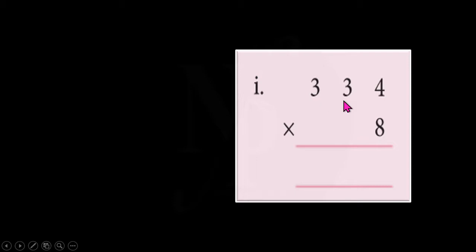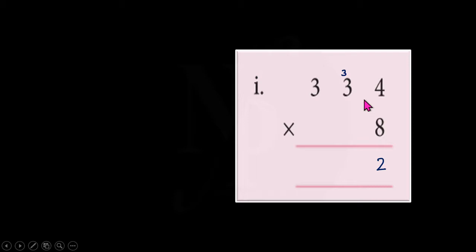Here we have 334 into 8. So let's multiply this number by 8. 8 fours are 32. 32 ones are regrouped as 2 ones and 3 tens. So let's write 2 ones in ones place and 3 tens are carried forward to tens column.